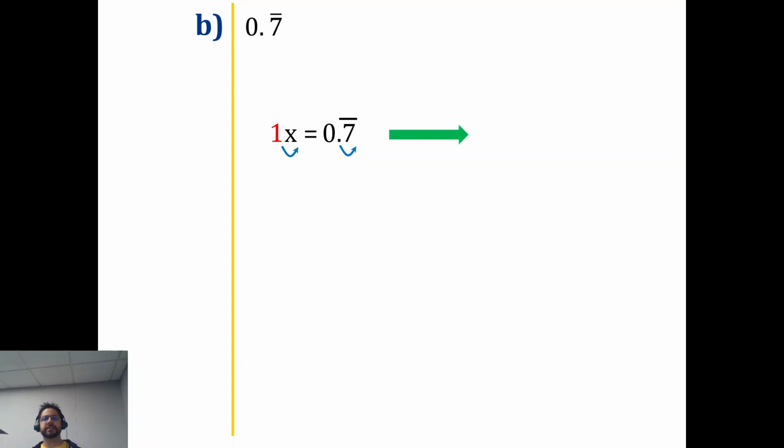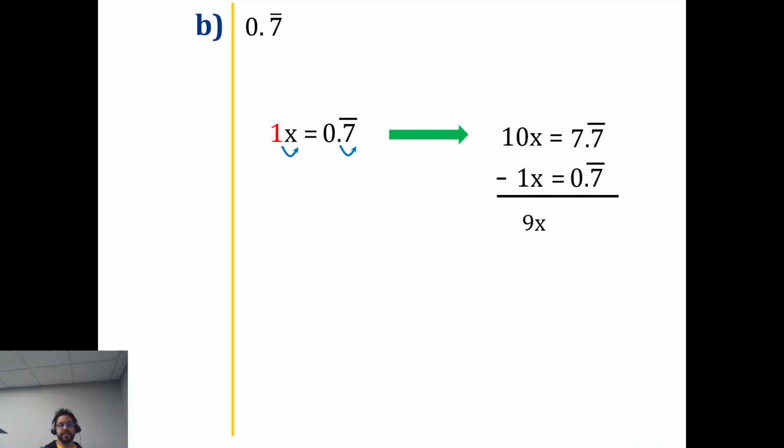So 10x is going to be equal to, try and see what you remember what we did on the previous problem. You can look at that. It became a 3.3 repeating, so now we have a 7.7 repeating. We're going to line it up to have our elimination occur. 10x subtract 1x is another nice 9x.